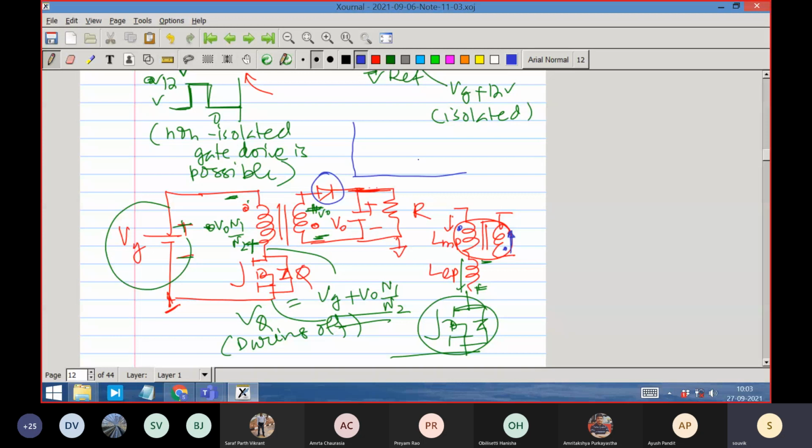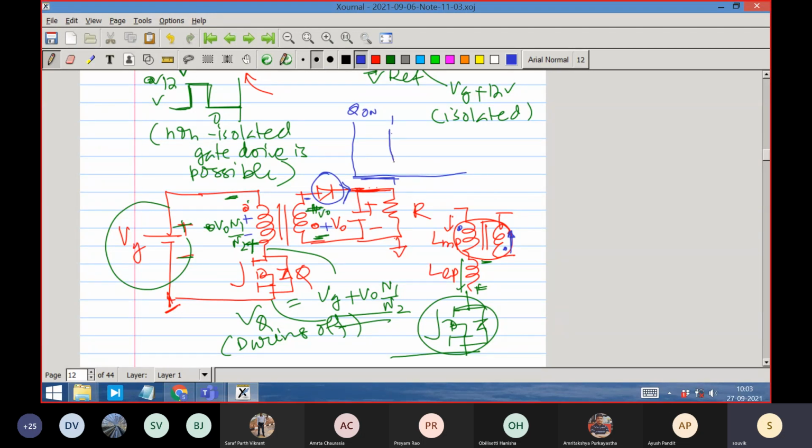When Q is on, at that time there is no diode current, because the diode is reverse biased. When Q is on, this is plus minus, and the polarity of the output is plus on the cathode side, so the diode is reverse biased and cannot conduct.